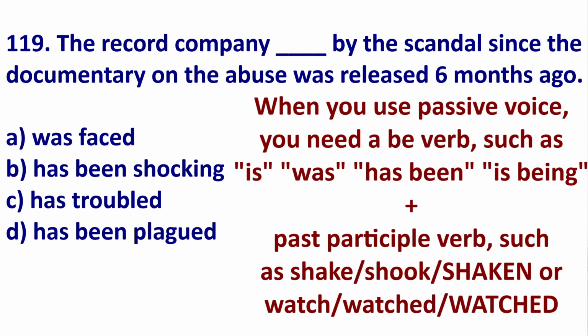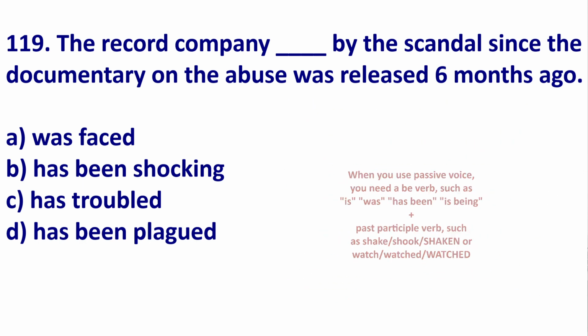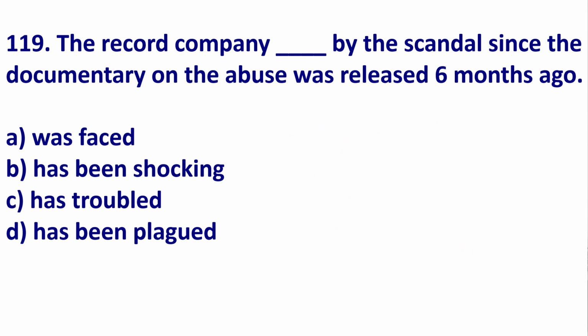And when I use passive voice, I need a be verb, such as is, was, has been, is being, and I need a past participle verb. For example, shake, shook, shaken. Watch, watched, watched. So we can see that we are looking for passive voice.